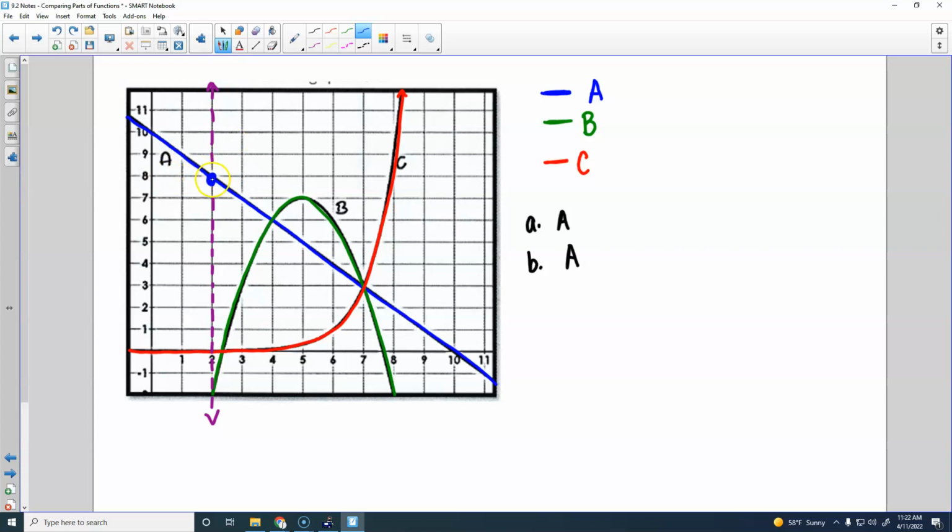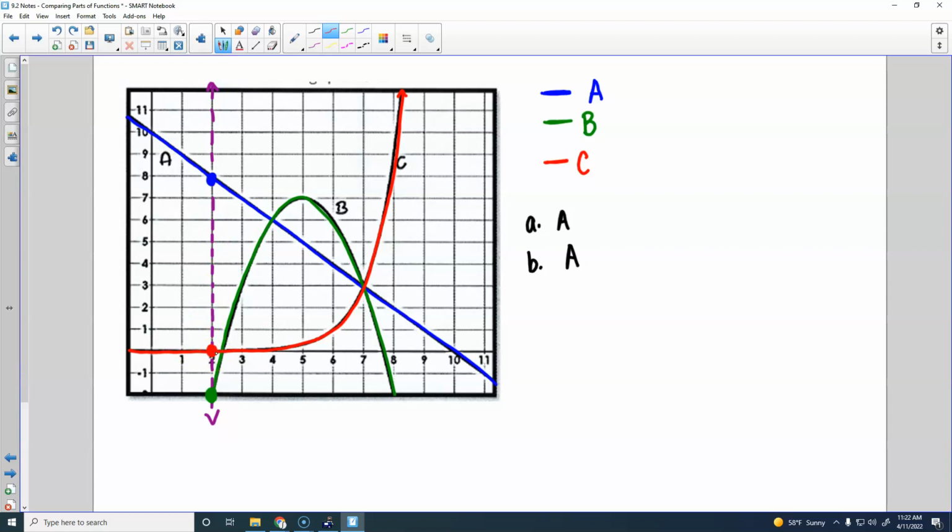So 8 is my y-coordinate for that one. For graph B, my green graph, it looks like we're probably about at -2. It almost runs off the page, but I think it's about -2. And for C, we're almost at 0. We pretty much have a y-coordinate of 0 there. It's actually a little bit more, but that's okay.